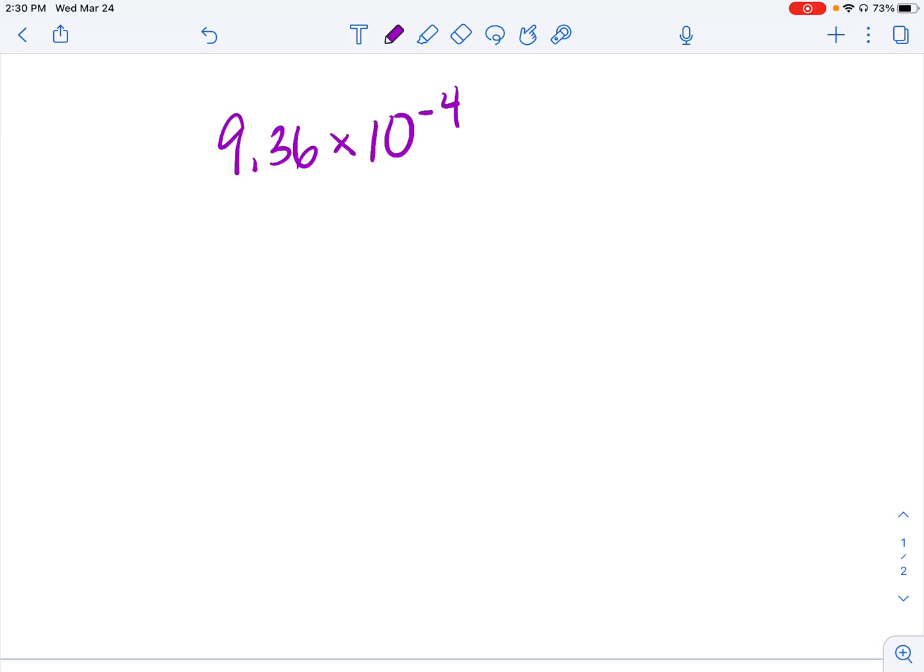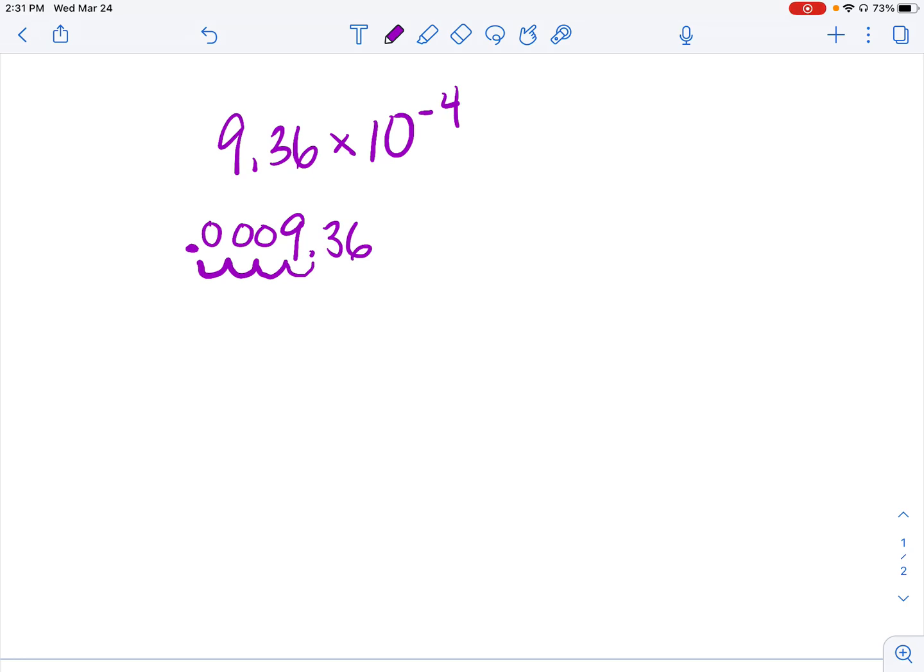So this isn't going to be 936,000 something. This is going to be 0.000 something. So I'm going to take the decimal and I'm going to move it 1, 2, 3, 4. I'm going to fill in those little dips with my zeros. Again, I double check myself that I have, in this case, for negative power, 1 less 0. So 3 zeros for a negative 4, that's good.